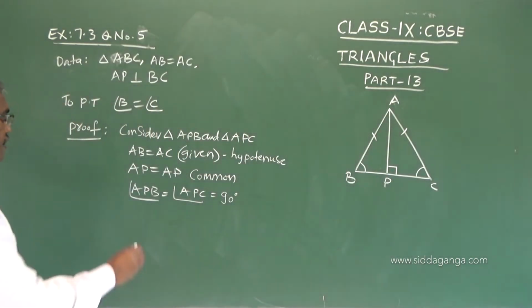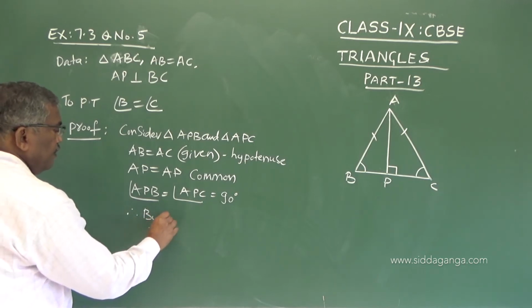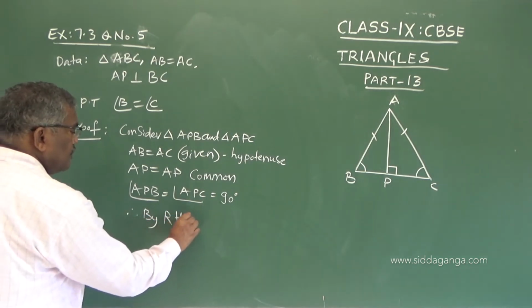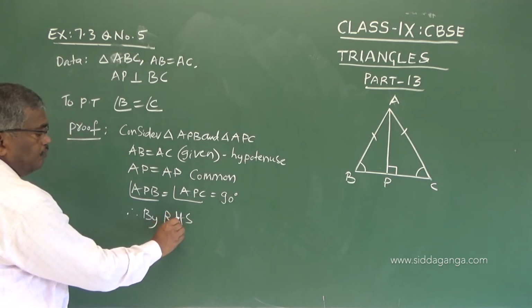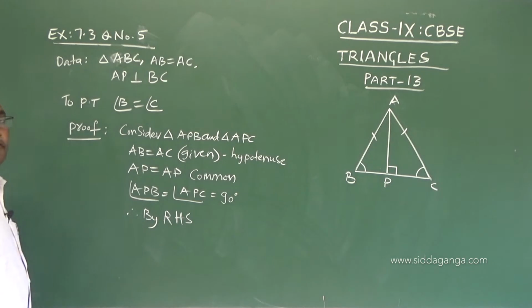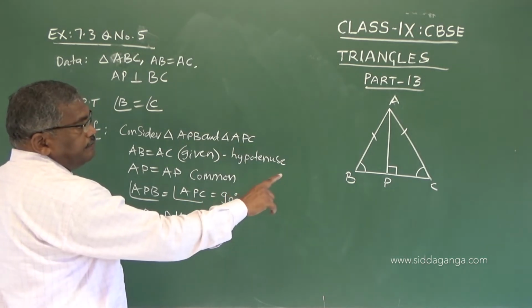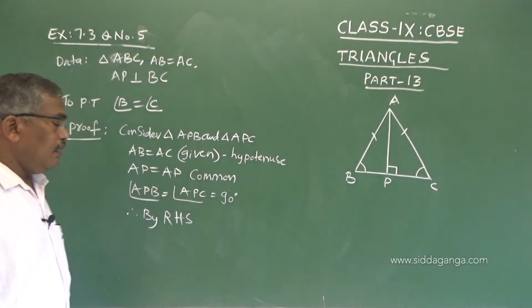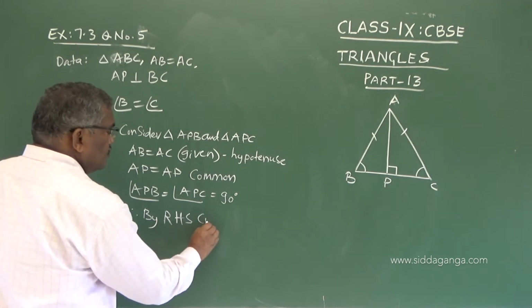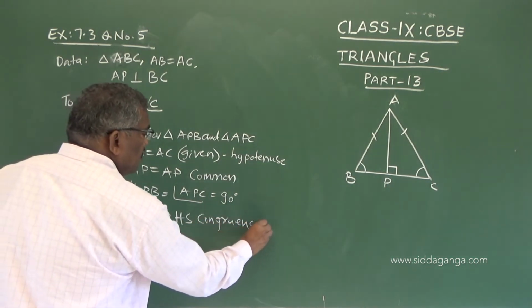Therefore, by RHS: the right angle, hypotenuse and side of one triangle are equal to the right angle, hypotenuse and side of the other triangle, by the RHS congruence rule.